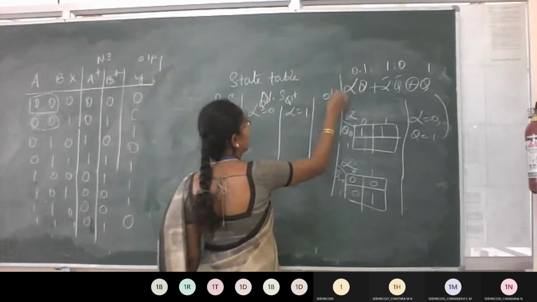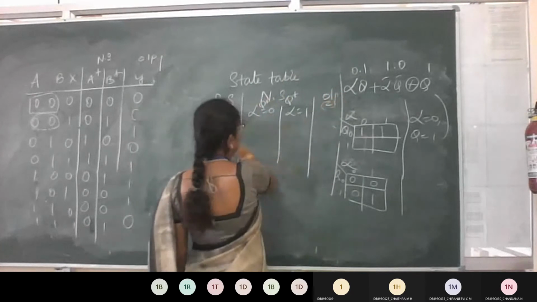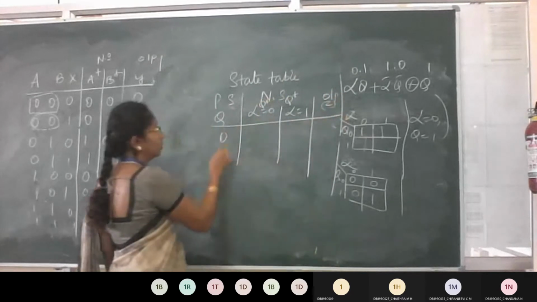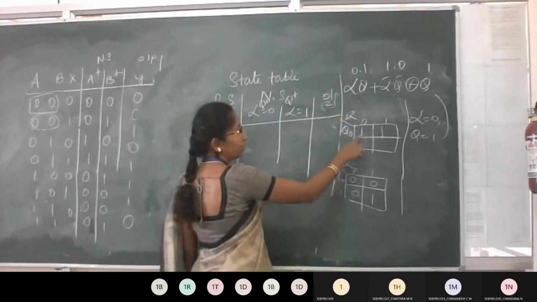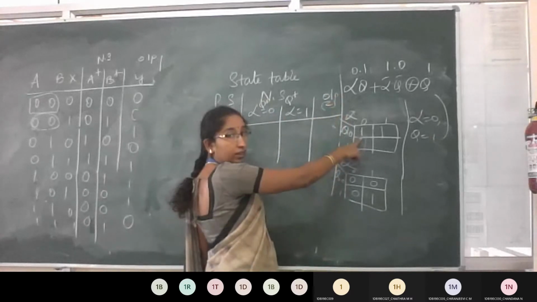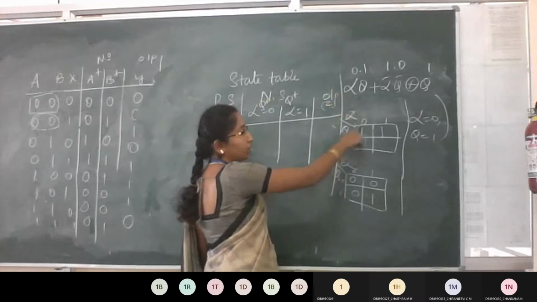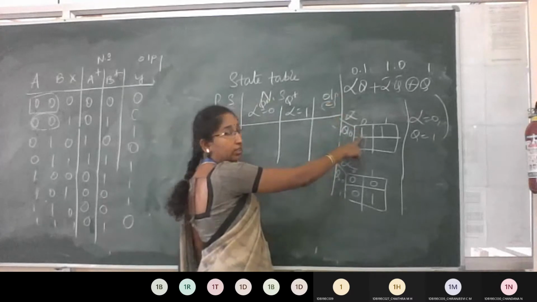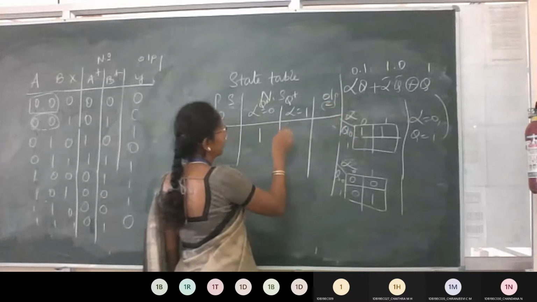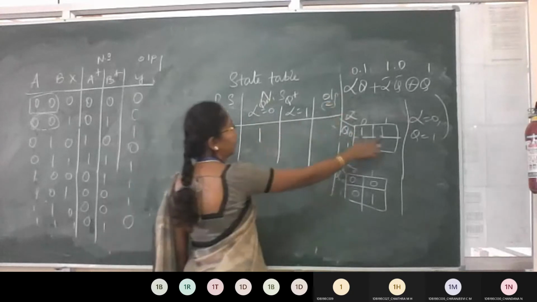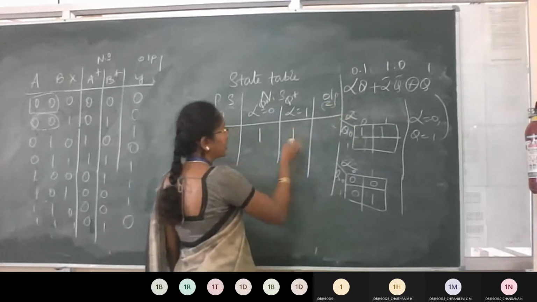Similarly, output Z. So present state is Q0. So when alpha 0, what is the value? In Q0, alpha 0 is 1. Q0, alpha 1, sorry, yes, Q0, alpha 1, 1.